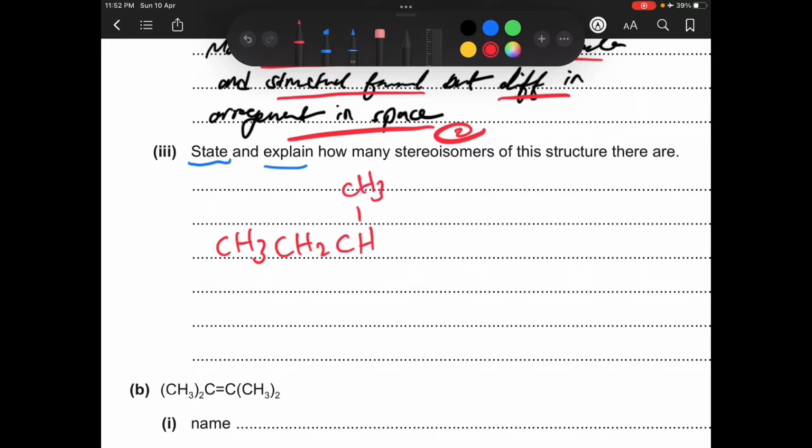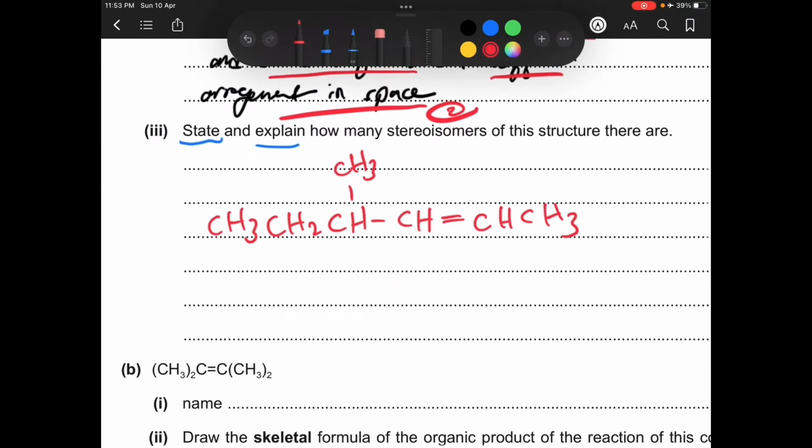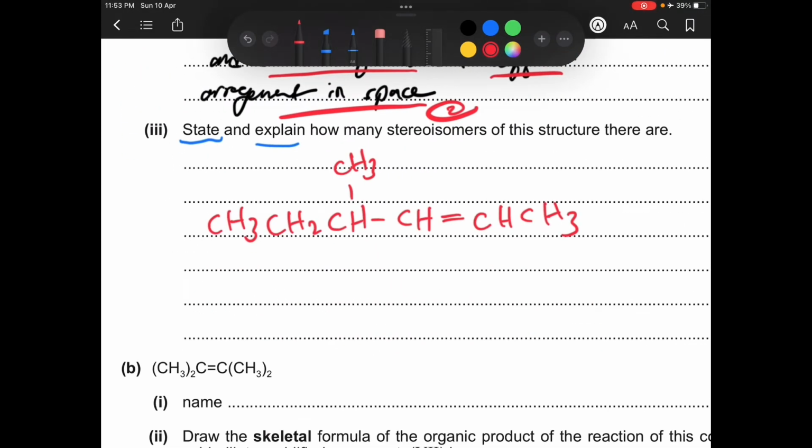I just like to draw it in this case so you can deal with it in a easier way. And here we have C and CH3. Okay, yeah, it's the same. So look at this. When we say stereoisomers, we're dealing with opticals and geometricals. So we're supposed to have both or one of them.